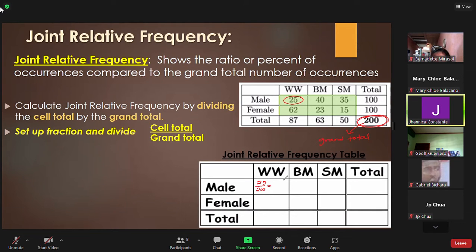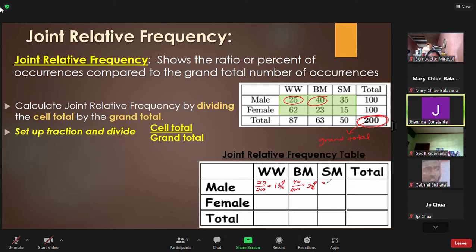In percentage, we will be having 13%. So 40 divided by the grand total, which is 200. So 40 divided by 200 is equal to 20%.